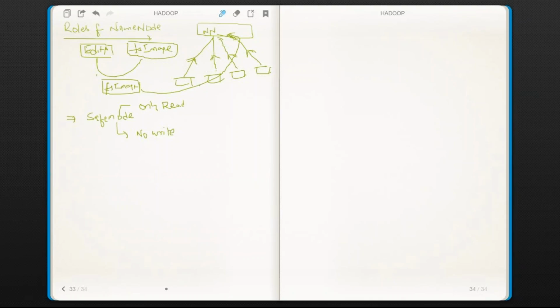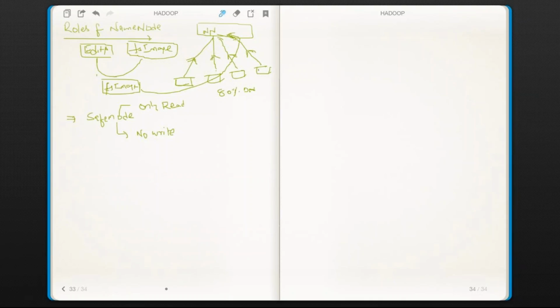Ravi, you said it will go into safe mode. Then when will it come out of safe mode? There is some configuration for it. When it receives information from the data nodes, suppose 80% of the data nodes have reported, saying we are all alive, I am part of you.